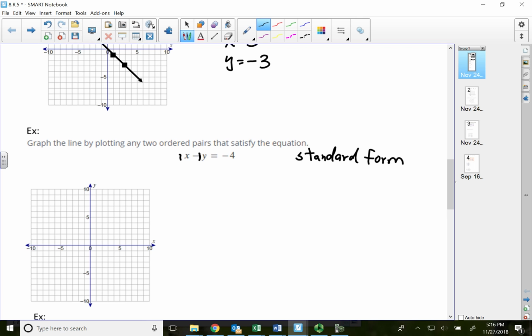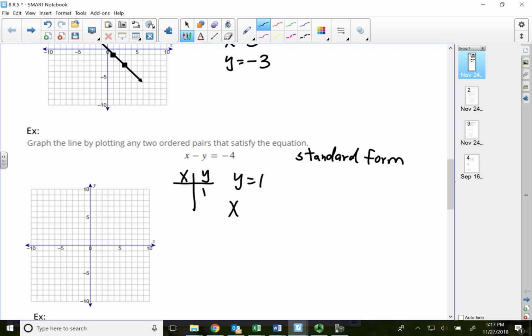So let's say I decide to pick for y. What number do I pick for the variable y? I will pick anything divisible by 1, the number that's in front of the x. Well, any number is divisible by 1, so I'm just going to pick 1 first. Purposely picking y to be 1. So I'm going to substitute y to be 1 into my equation.